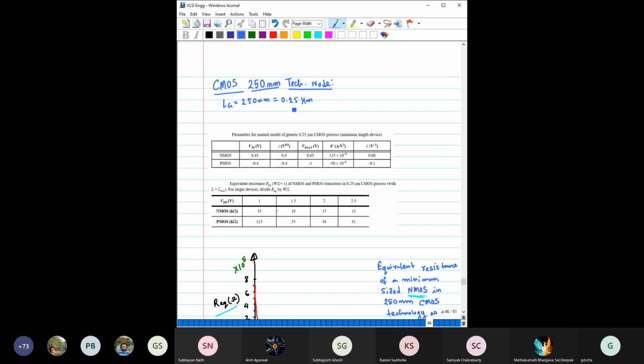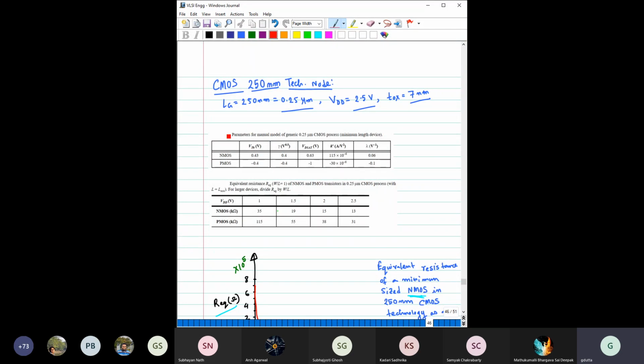For this technology node, the supply voltage VDD is 2.5 volt, and the oxide thickness TOX is 7 nanometer. Just a few values, no need to remember all of them. Later we can compare with different technology nodes, and you will understand it better.